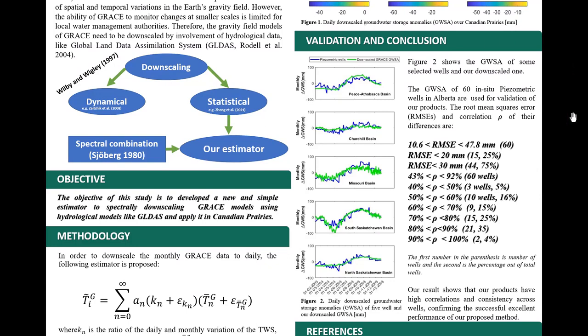In this statistic, we observe that the RMSE, root mean square error of the differences for the 60 wells, is around 10.60 millimeters up to 47.8 millimeters, and around 15 of them, or 20% of the total wells, are less than 20 millimeters, and 44, or 75%, are smaller than 30 millimeters.